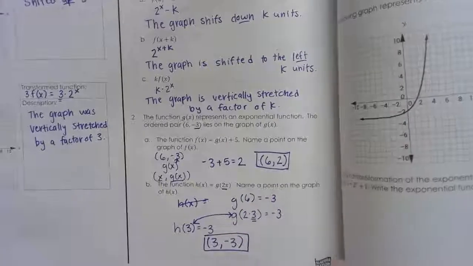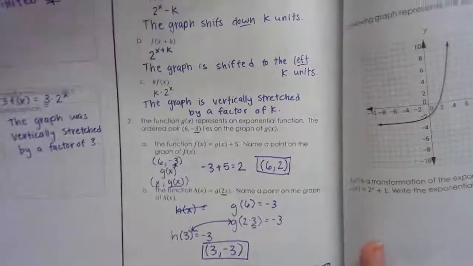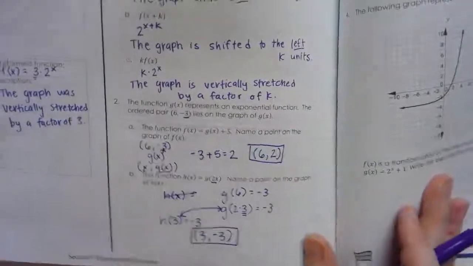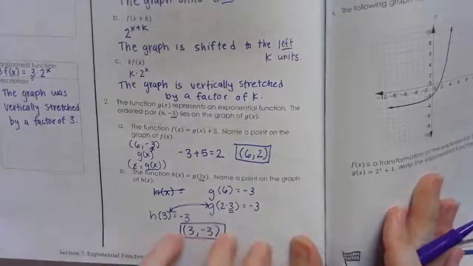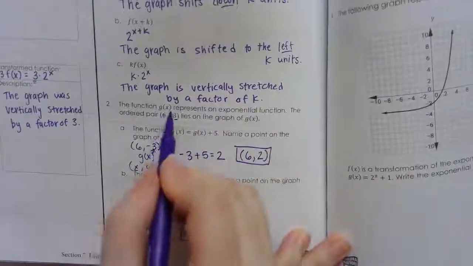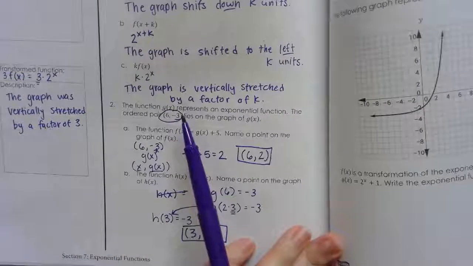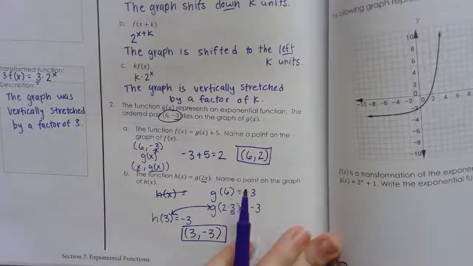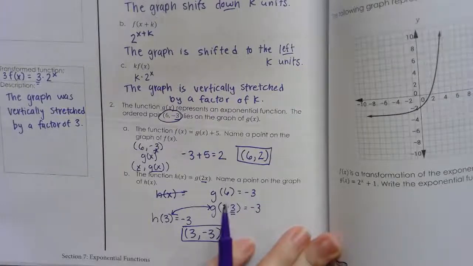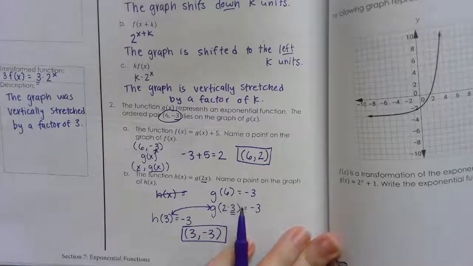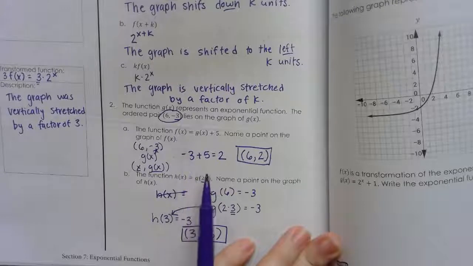So one more time just to backtrack, because that one's not nearly as straightforward as part A was. So g of 6 equals -3. That's what we know from this problem. I got that from the 6, -3 right here. So g of 6 is -3. That's g of 2 times 3, because it says right here 2x.